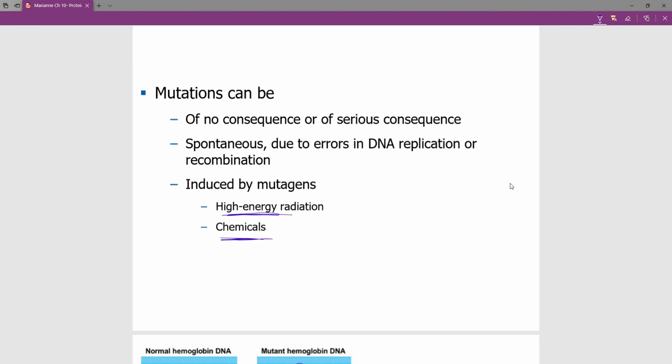And so, mutations are something that were probably brought up in the Chapter 9 material, but now that we understand the process of how DNA becomes proteins, we have a deeper understanding of how information can be stored and expressed or altered and have potentially awful consequences.